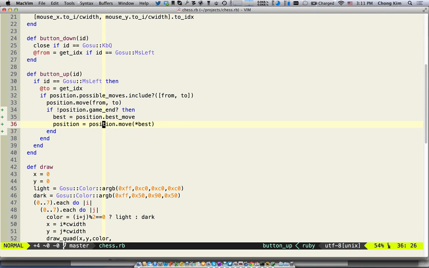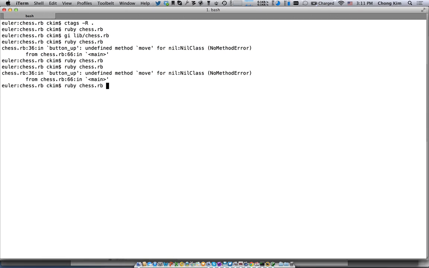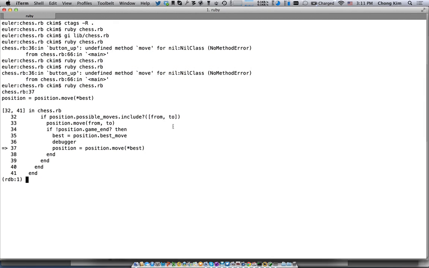Interesting. So, okay, this is very interesting because it thinks that position is nil. So let me put a debugger in here and run it. So now the debugger should kick in. All right, so let me take a look at position. It's nil.